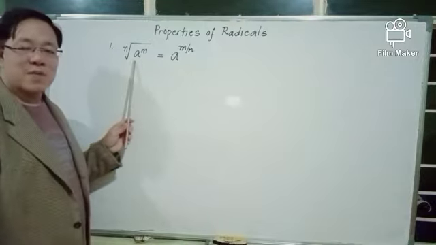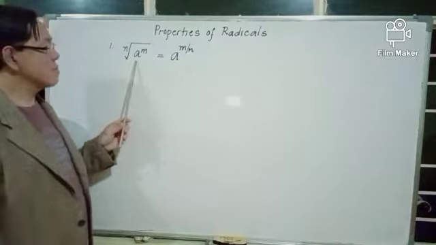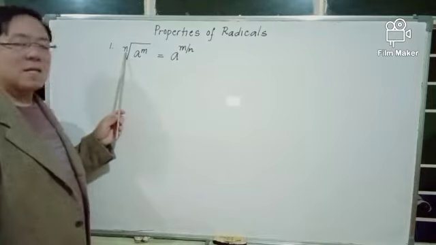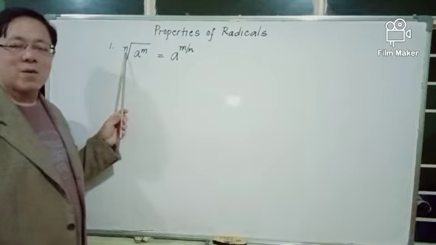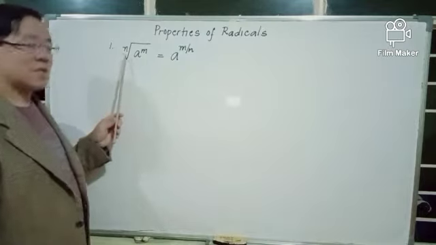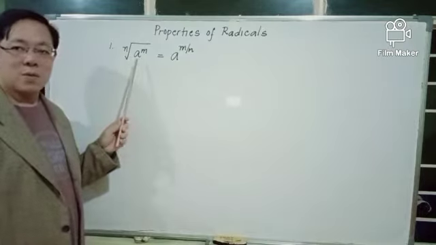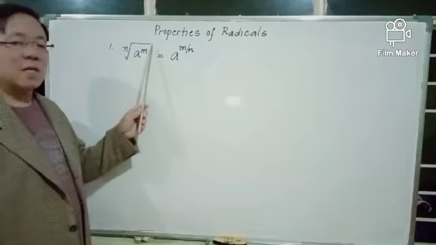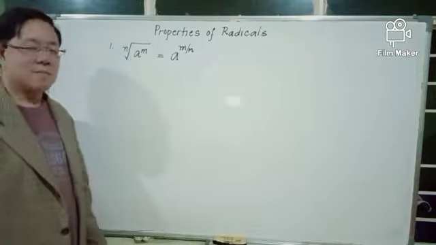In this first property of radical, a to the m is the radicand. N is the index of the radical sign, which indicates the nth root of the radicand. And this symbol here is the radical sign.